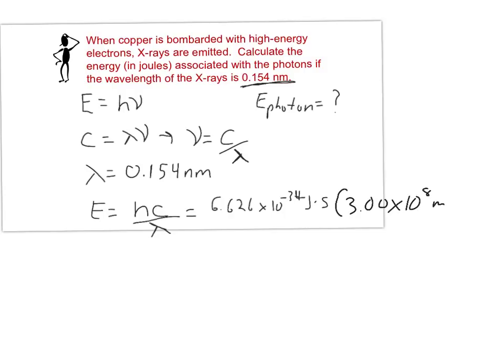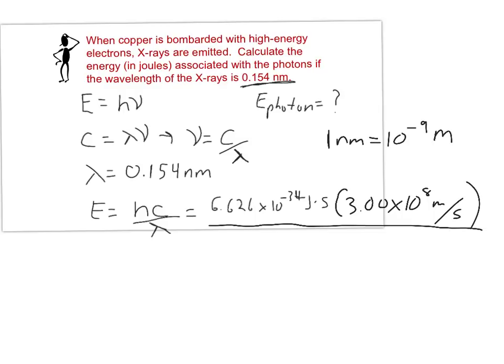It's important to write down your units because meters, nanometers. Remember, 1 nanometer is 10 to the minus 9 meters. So 0.154 nanometers, times 10 to the minus 9 meters per nanometer.